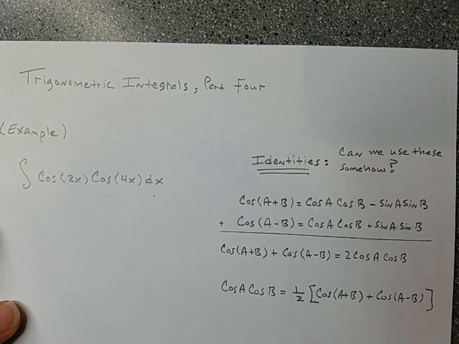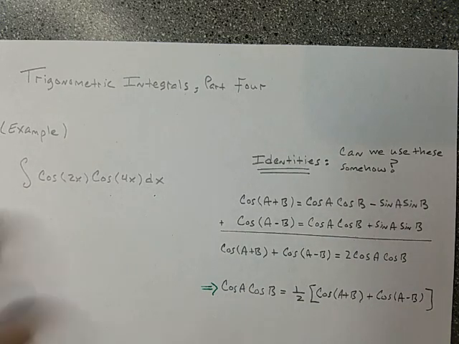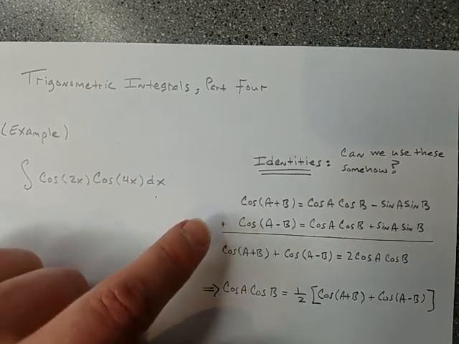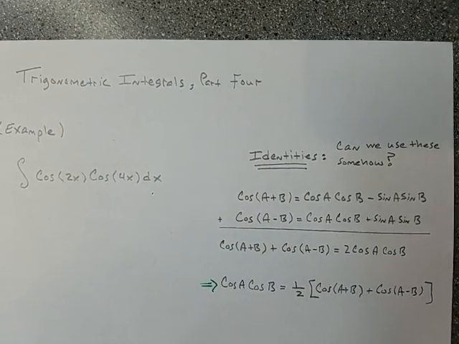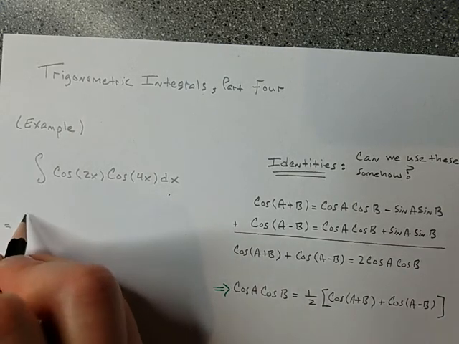So let's focus in on that. Okay, so you see how I saw something that looked familiar to me, and then I figured out how to make the identities work. All right, now, I'm going to use this identity over here.